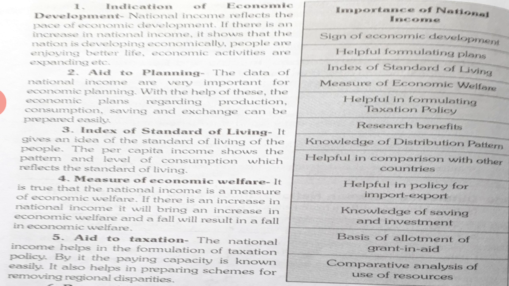So saving and investment can be known easily. Basis of grant and aid, and last, comparative analysis of use of resources. So you must explain 5 points, and rest of the points can be written as additionals. This is an important question, so learn it by heart.